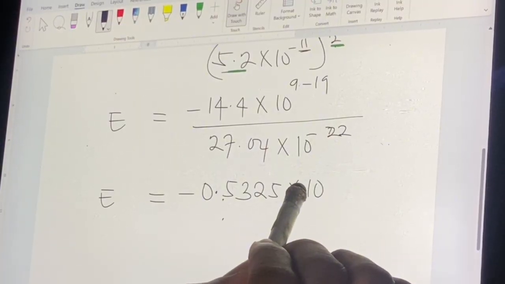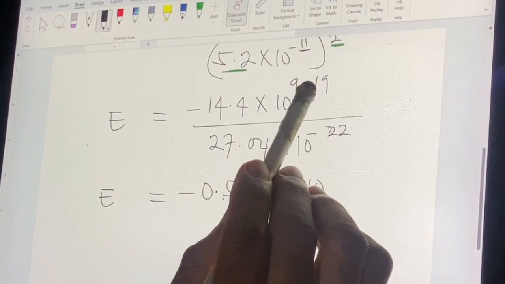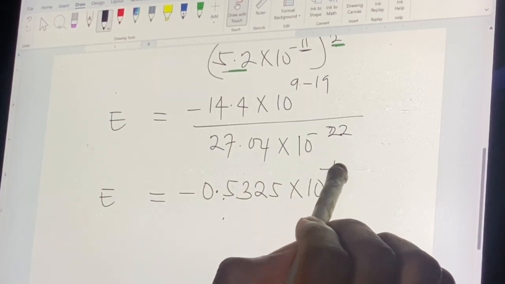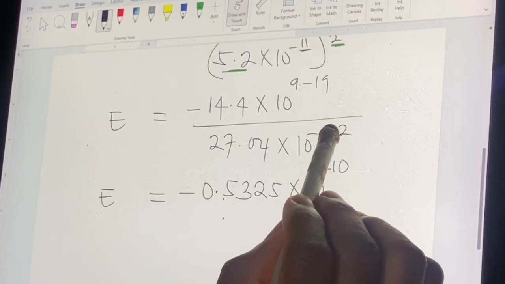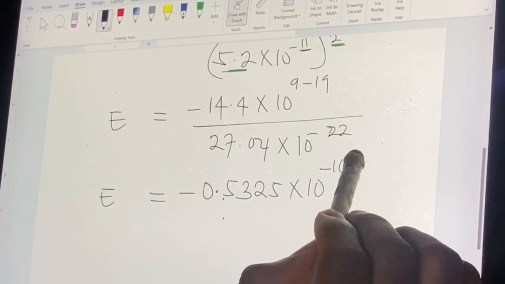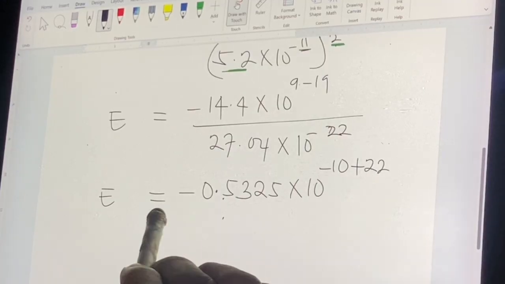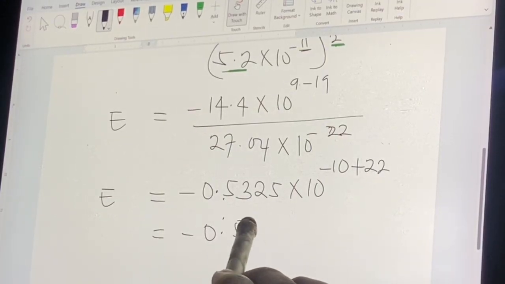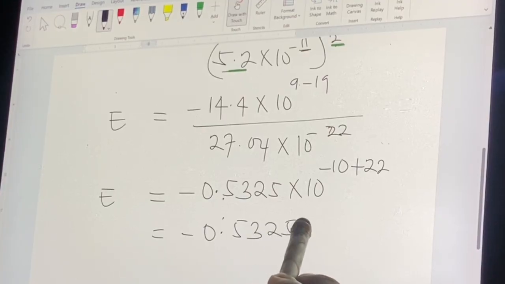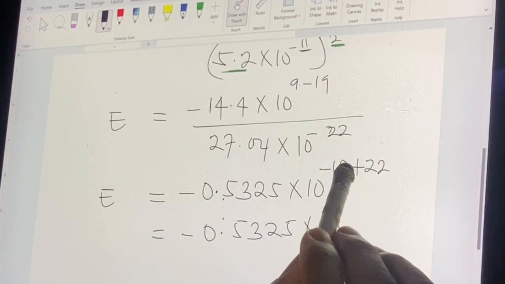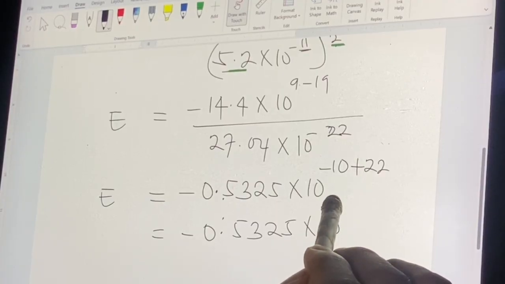Remember from the law of indices, 9 minus 19 will give us minus 10. Taking minus 22 from the denominator to the numerator, this will be plus 22. So I will have minus 0.5325 times 10 raised to the power of minus 10 plus 22, which gives us plus 12.